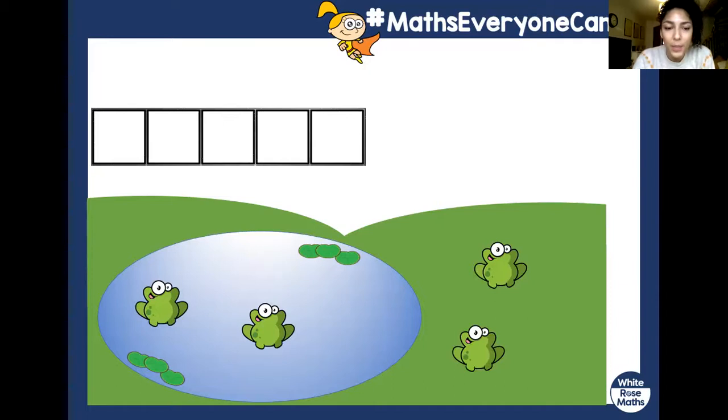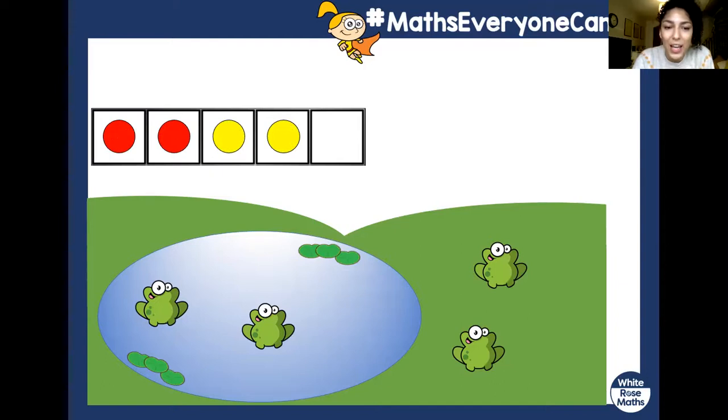5's frame. We're going to use the red counters for the frogs in the pond. Can you remind me? How many? 1, 2. And then how many yellow counters will I need for the frogs on the grass? That's right. 1, 2. And to work out how many altogether, we're going to count them all up.